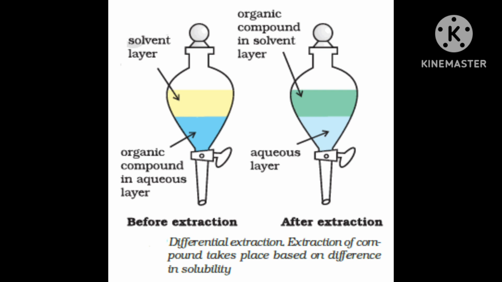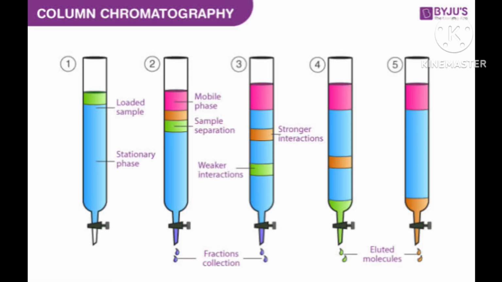Now just again try to understand: the components of the mixture get gradually separated from one another. The moving phase is called the mobile phase. Based on the principle involved, chromatography is classified into different categories.